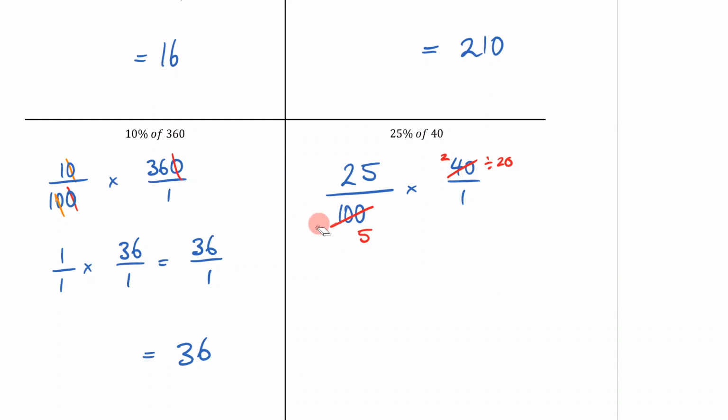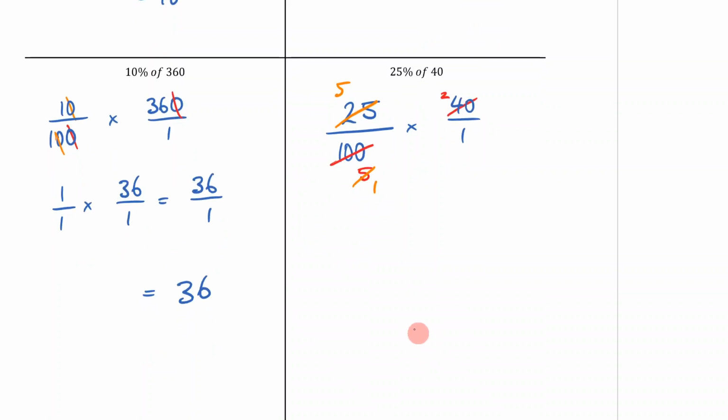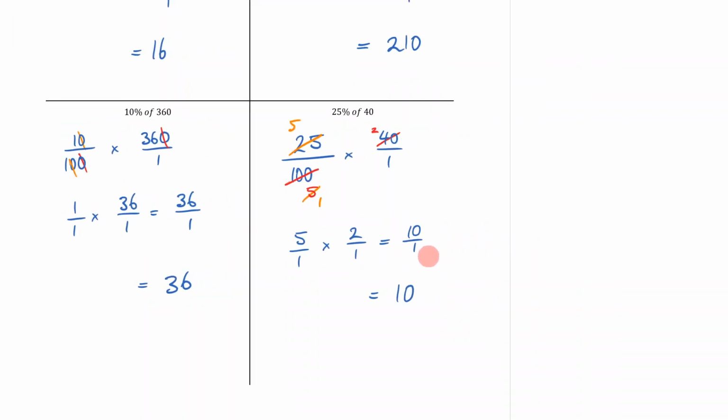Once I've done that, what I'll do next is go 5 divided by 5 and 25 divided by 5, which will be 1 and 5. Okay, so just a nice simplifying here. That means I'm going to be left with 5 on 1 times 2 on 1, which is 10 on 1, which is just going to be, drum roll, 10. So 25% of 40 is 10.